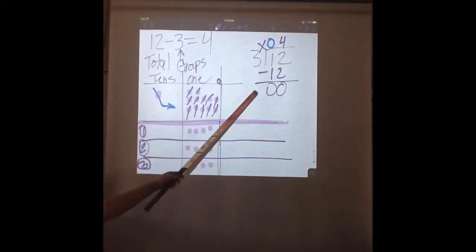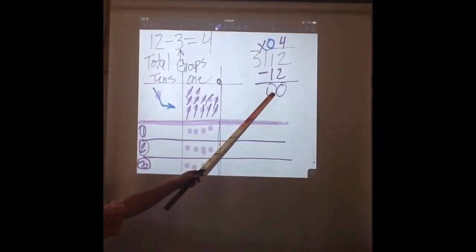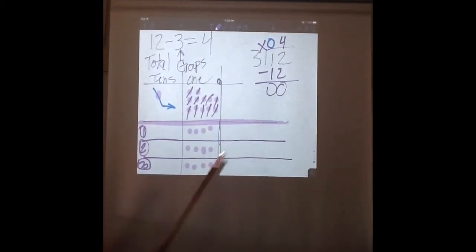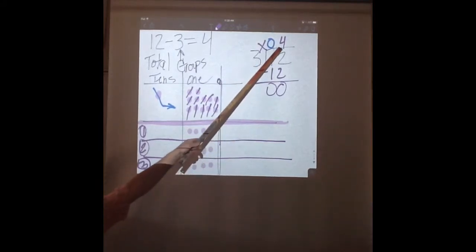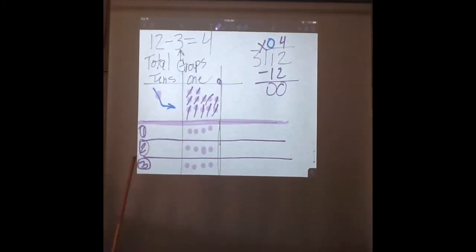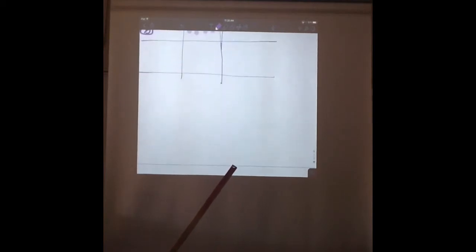And as you can see, I have nothing remaining, right? And if you can see here, I have my 4 dots in each of my 3 groups, right? Does that make sense? So the answer here is 4, okay? Any questions yet? No? All right. Well, let's move on to our next problem.